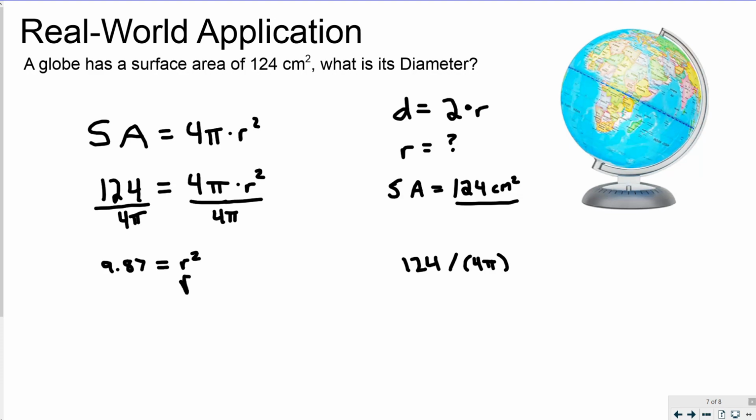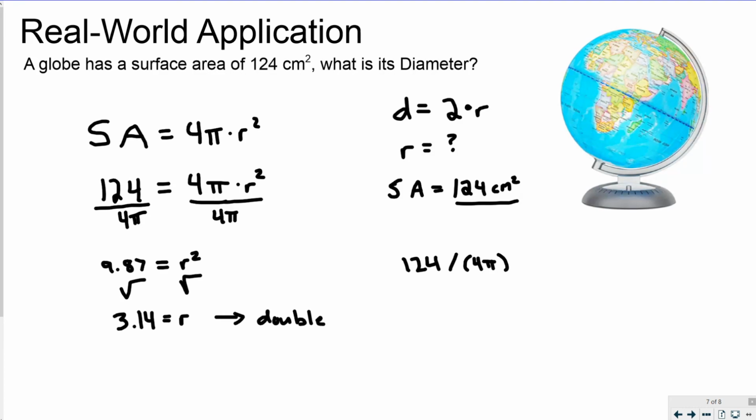And then we know that we would need to take the square root of both sides. So r is equal to the square root of 9.87, and I used my rounded version here, which is 3.1416, so it's 3.14. So then if I want the diameter, I am going to go ahead and double it.